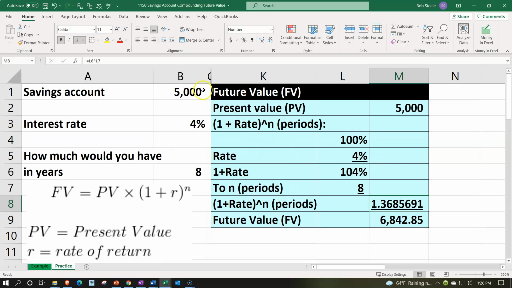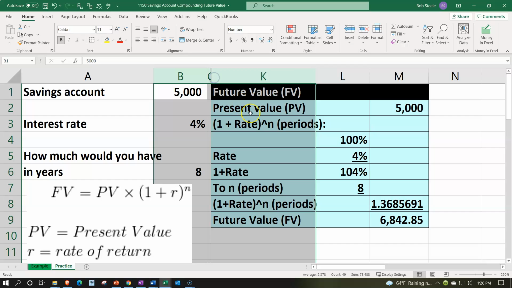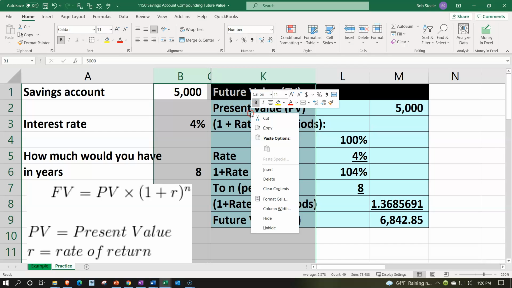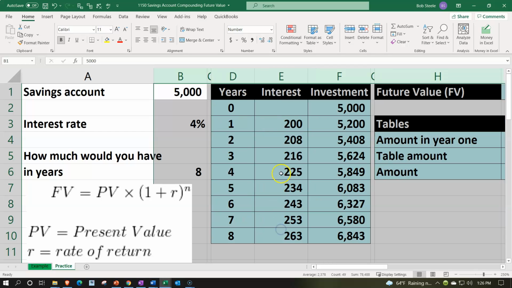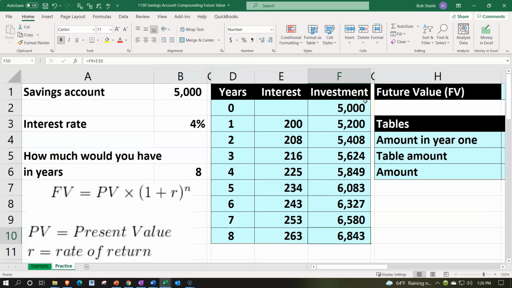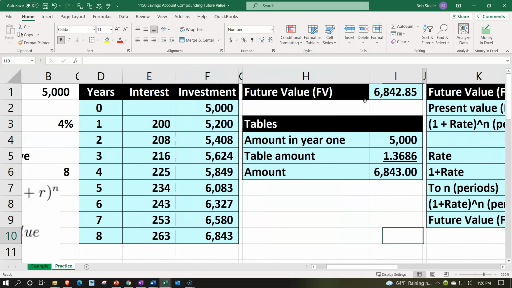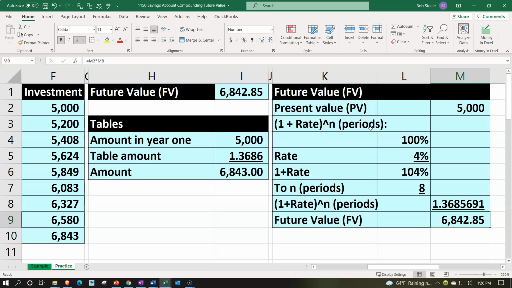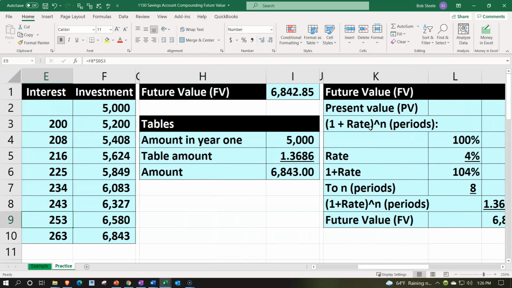So then we can unhide this by going to the B up top, left click, drag on over to H, or K, that's a K, right click, and unhide. So now we got the 6,834 from the running balance, 6,842.85 from the future value, which is the exact number, the 6,843, which is a little bit different due to rounding because of the tables, and then the 6,842.85, which should be more exact for the actual formula.